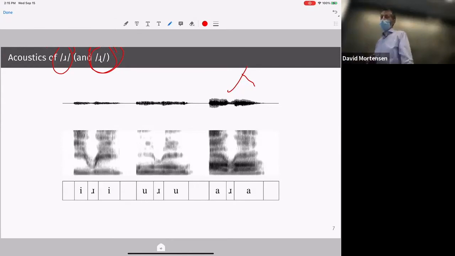So how do you recognize these sounds? What do they look like acoustically? Well, here are three examples between different vowels of American English R, which acoustically are also quite similar to Chinese R. So what do you notice about these spectrograms?